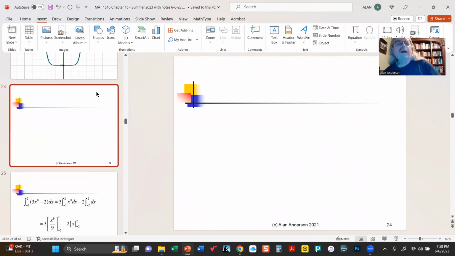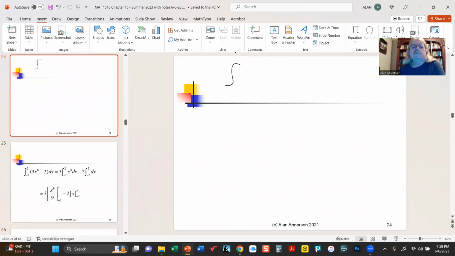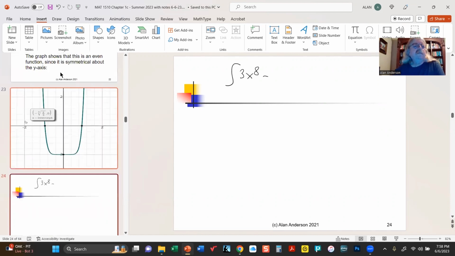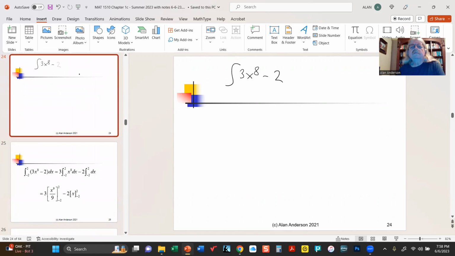Let's pretend we don't know about this. What do we have? 3x to the 8th minus 2 over the interval from -2 to +2. So, of course, we can break this up into two pieces.